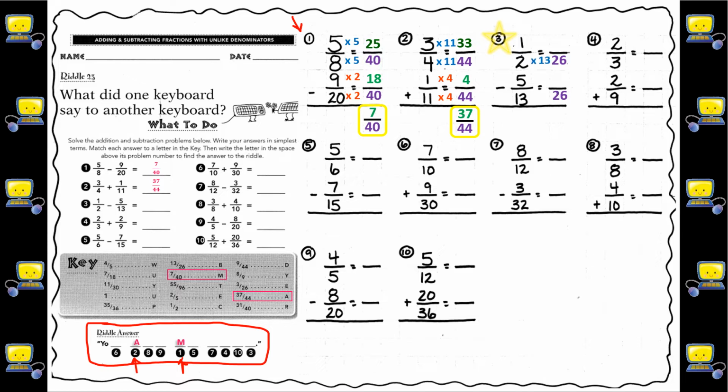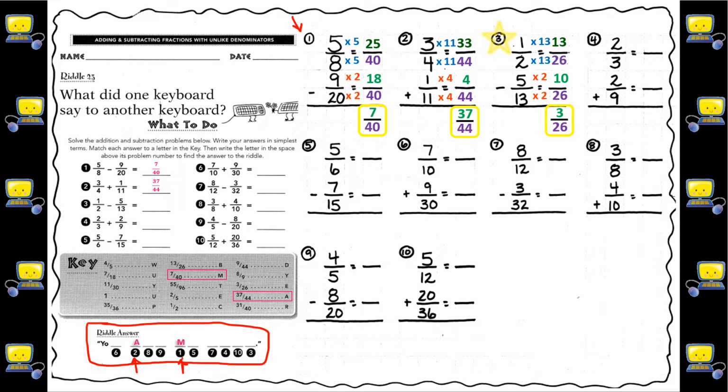2 times 13 is 26. 1 times 13 is 13. 13 times 2 is 26. 5 times 2 is 10. We keep the denominator 26, and 13 take away 10 equals 3.